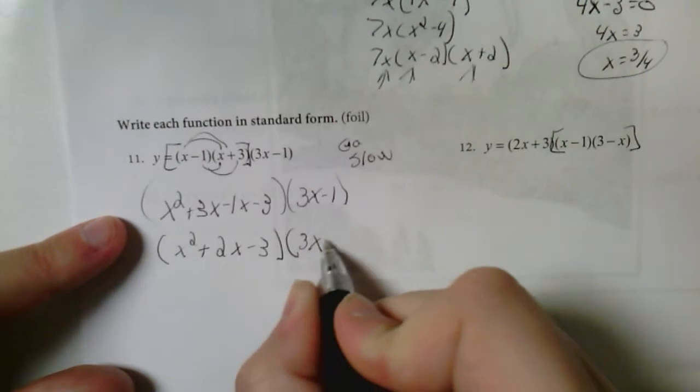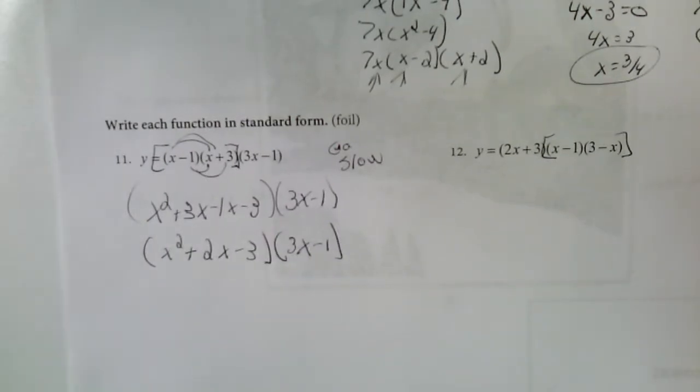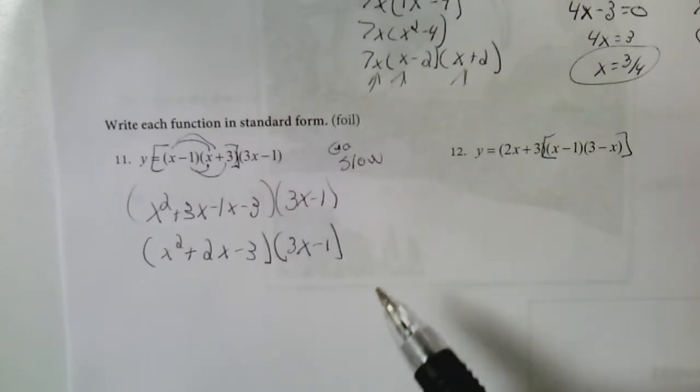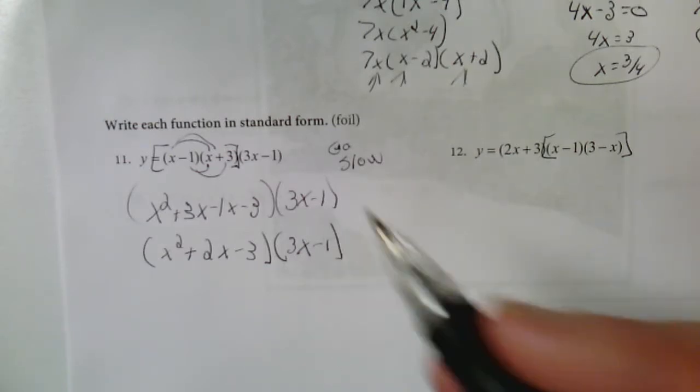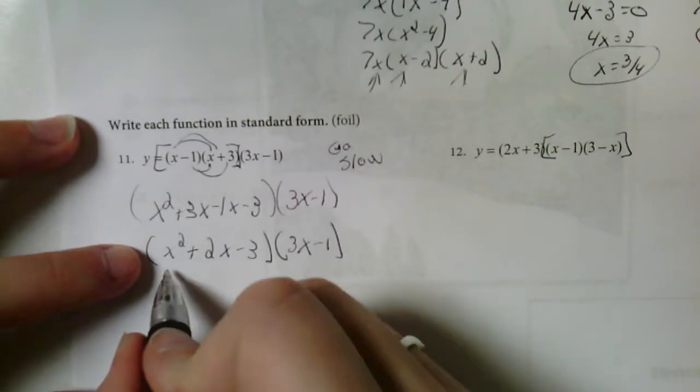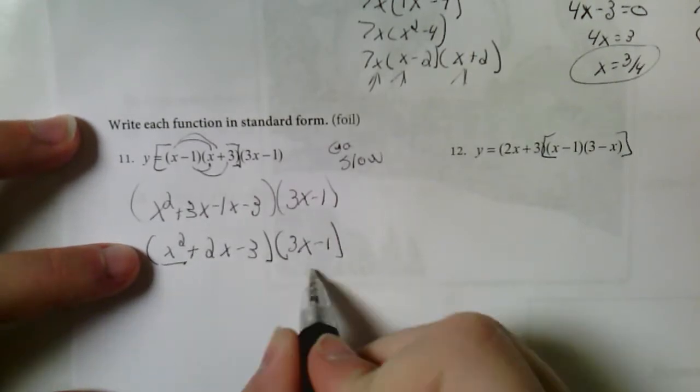And the last step is still technically foiling. It's not usually called foiling because foiling stands for first, outside, inside, last. This you can't really do first, outside, inside, last, but you can kind of think of it as saying this piece has to be multiplied by both of these pieces.